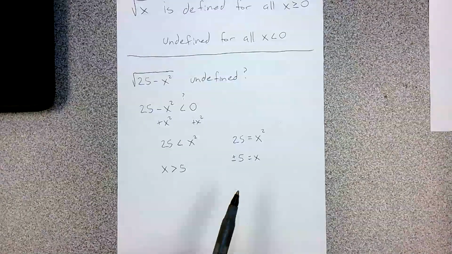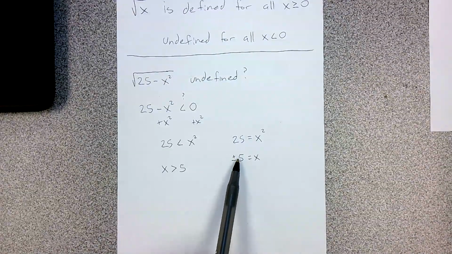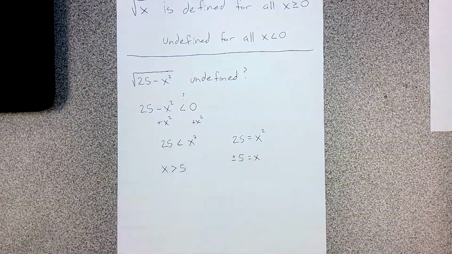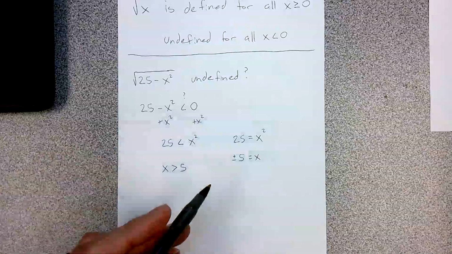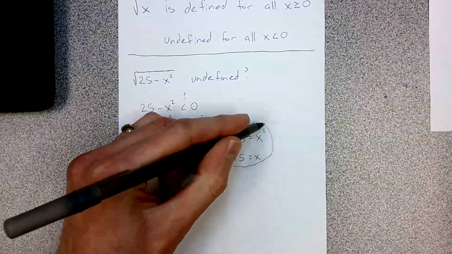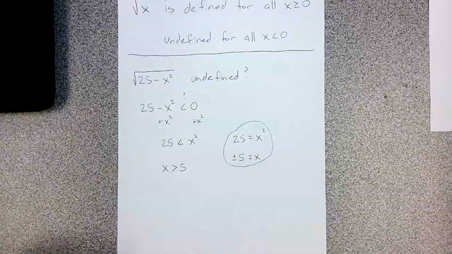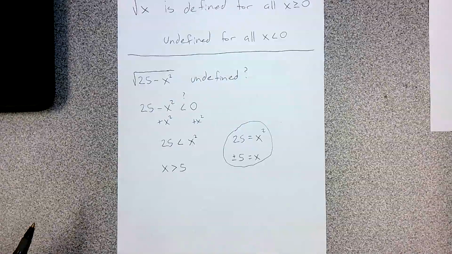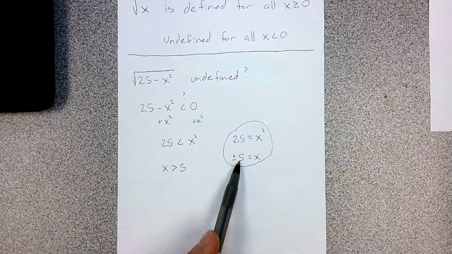And that's something that we would write as plus or minus 5. That really doesn't quite work with an inequality. It causes some ambiguity. So I'm going to use this idea here that it could be positive or -5, but it's written a little bit differently with an inequality. I do have to consider the -5 though.